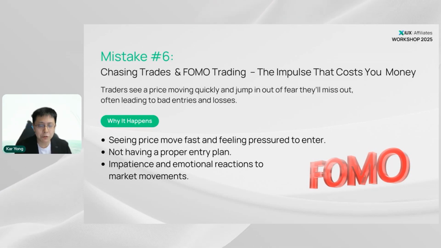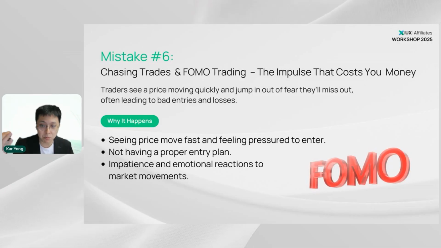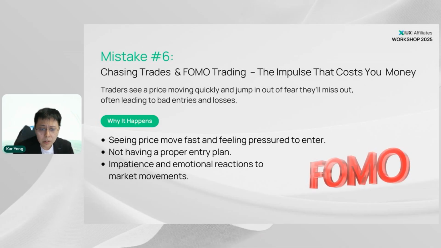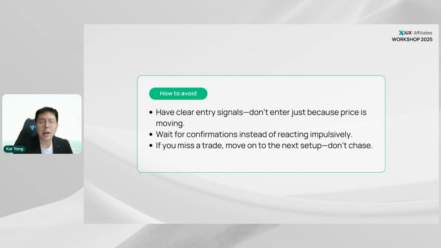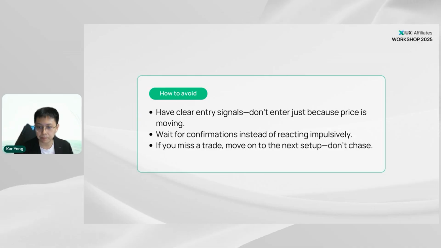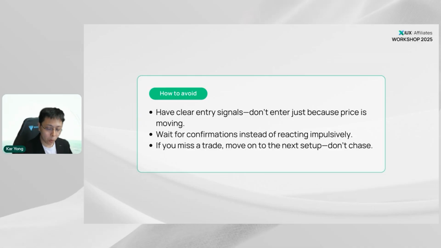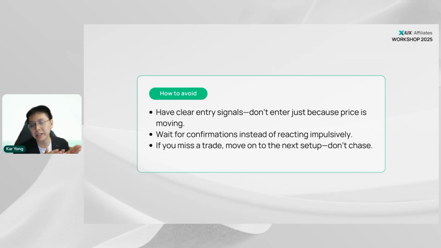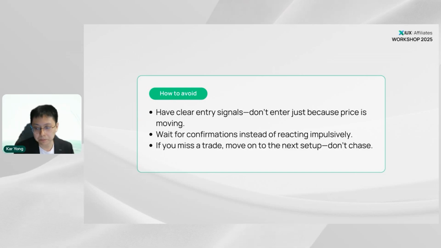You feel that the market has been moving, you want to get involved in it, and therefore you need a confirmation from an external party to help you make that decision, right? So that is again going into the psychological aspect. As you identify all this, you want to be aware of it, and how you can avoid it is again to have a proper trading plan. So FOMO, the psychological aspect of trading, having the discipline is very, very important.